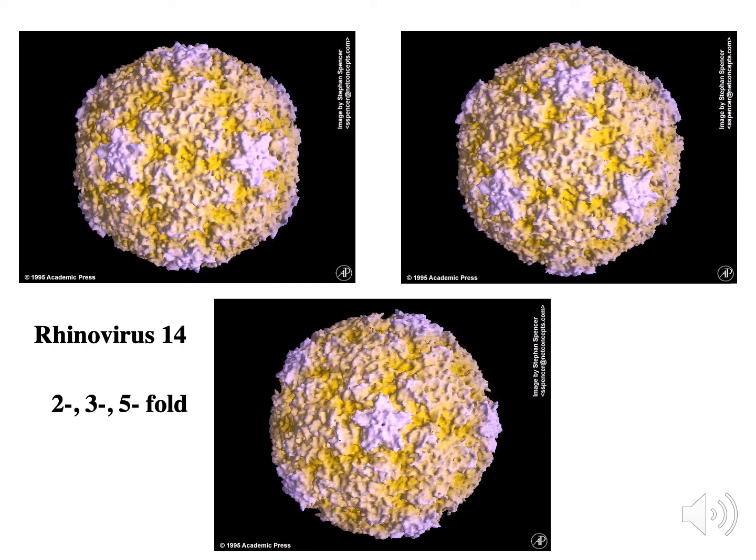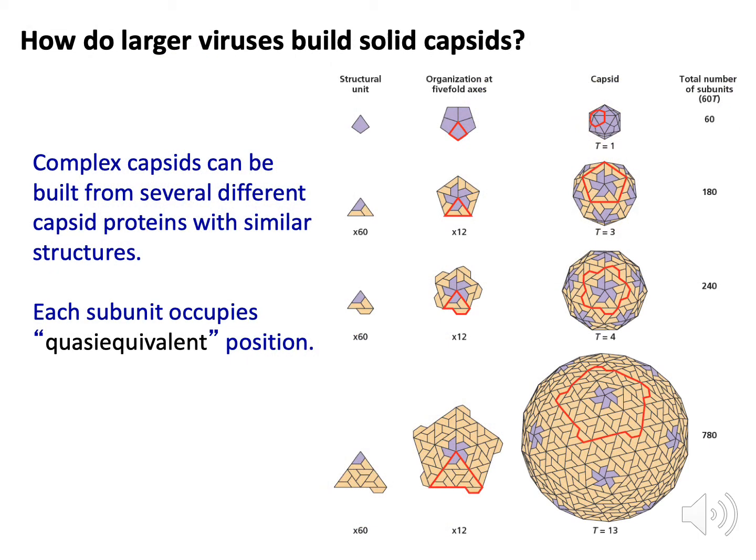Image reconstruction. So how does this work for smaller capsids? How do large viruses build solid capsids? So complex capsids, like that of herpes viruses, among others, can be built from several different kinds of capsid proteins that have similar structures.